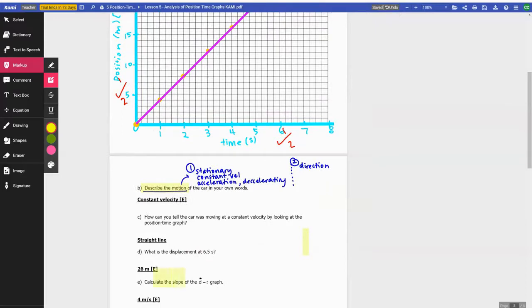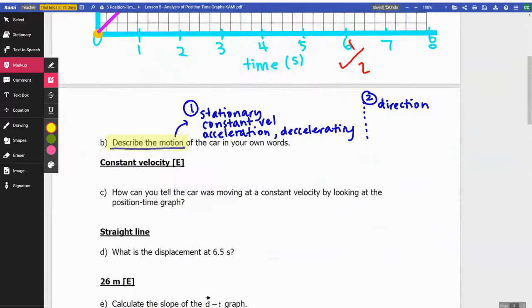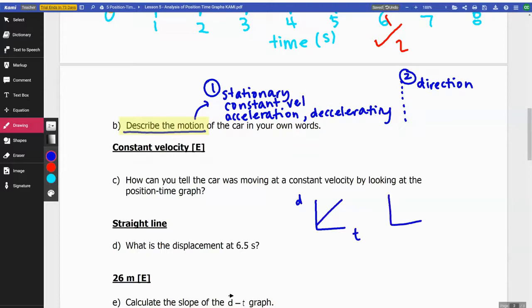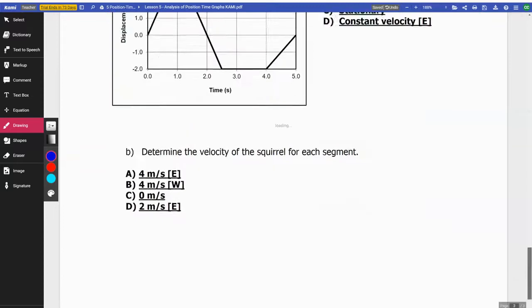So every time from now on, if I see a position time graph that looks like this, or like this, it is going at a constant velocity. But one is traveling forward and one is traveling backwards.